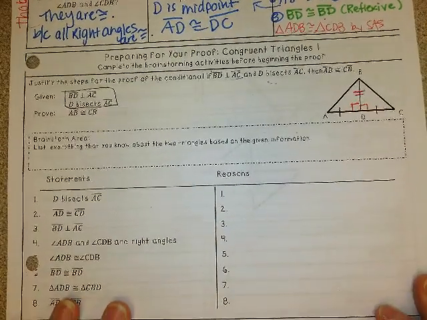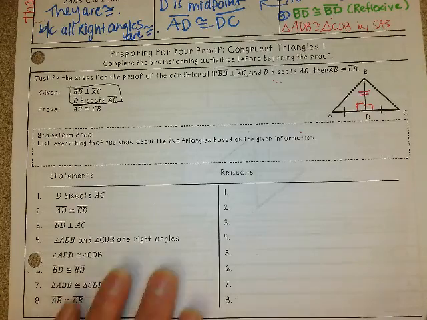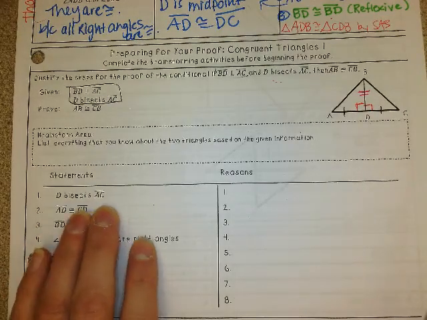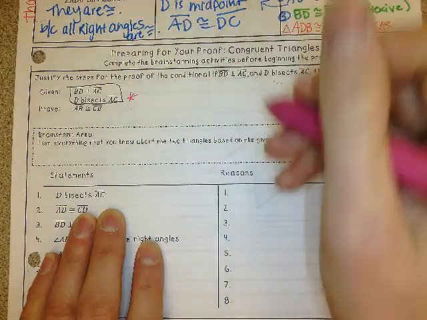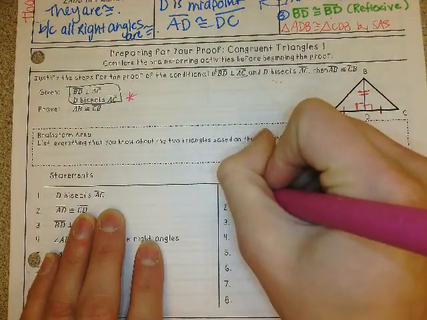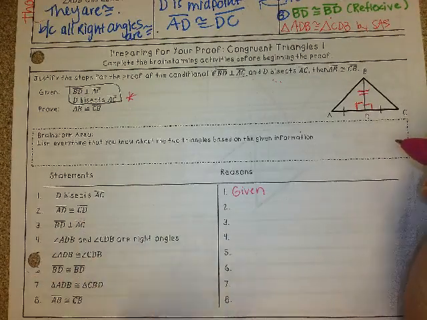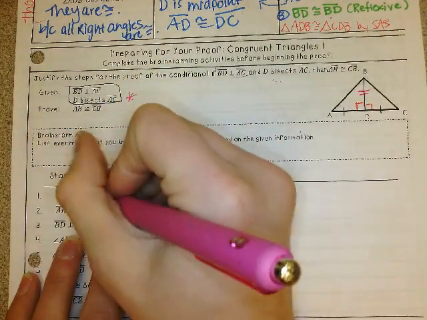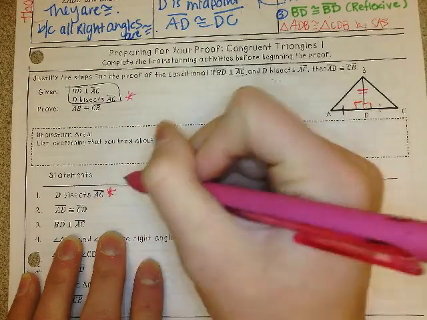So that's kind of how you have to think when you see a proof like this. All right, so let's look. D bisects AC. So how do we know that happened? It was given. Remember, your givens are first. This one kind of puts the givens out of order, but that's okay. It's basically a logical path. From this statement, what did we learn?